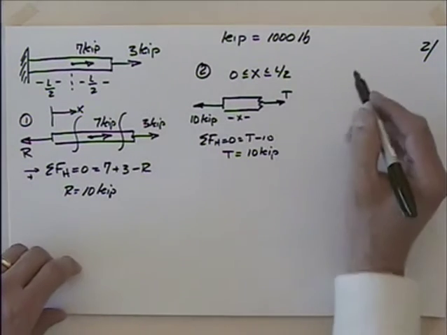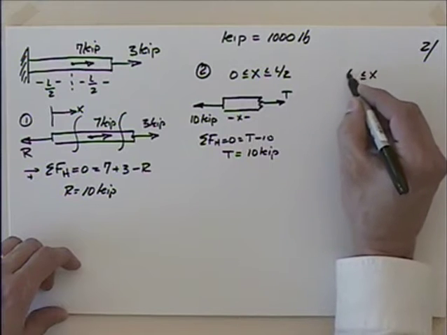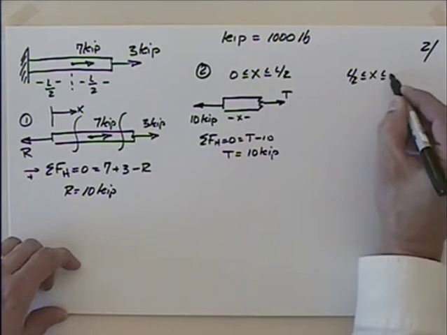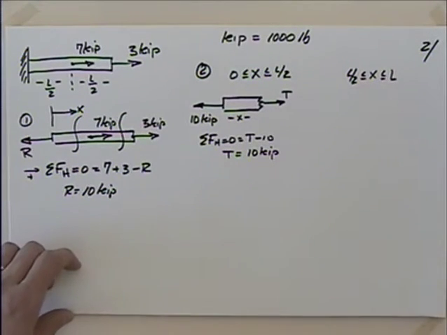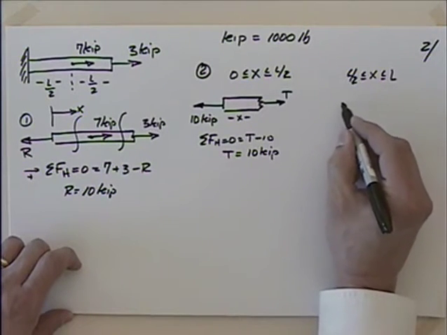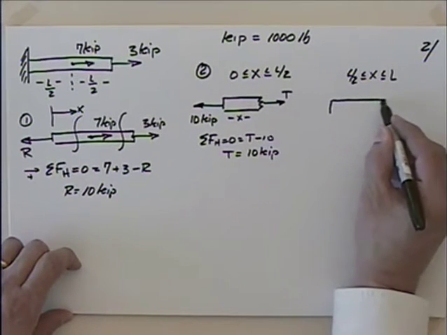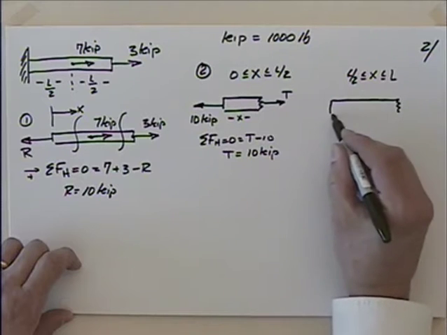Now I also have to do the other part, where I look at X between L over 2 and L. I could do this a couple of different ways. Maybe I will continue on from the left side. So I'll take something that looks like this.